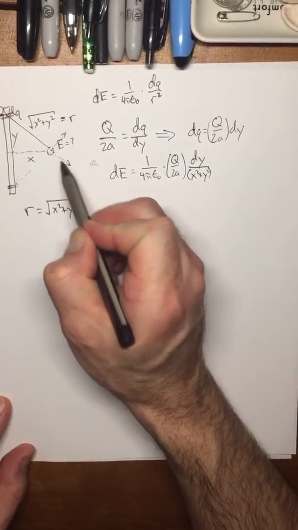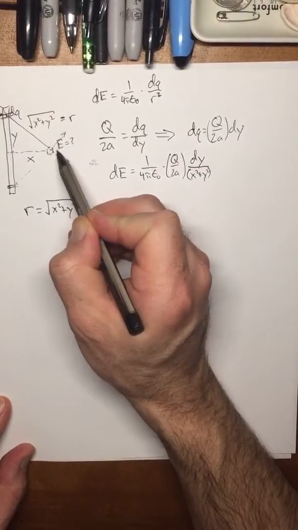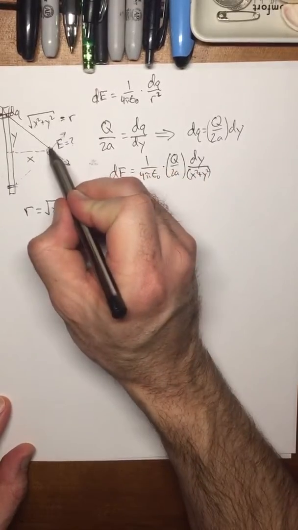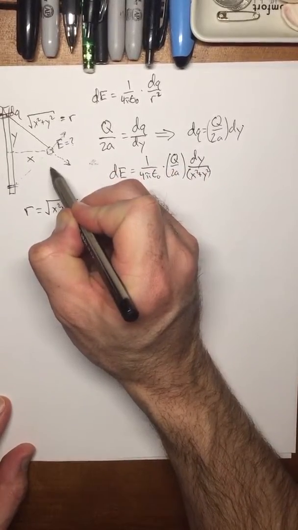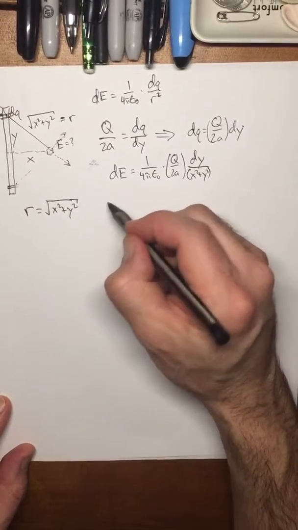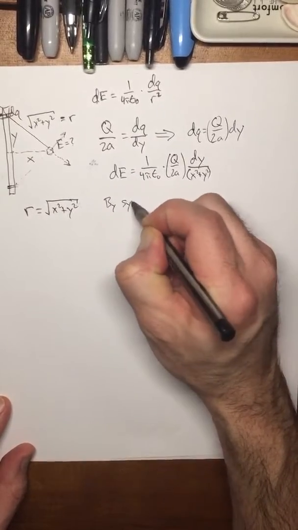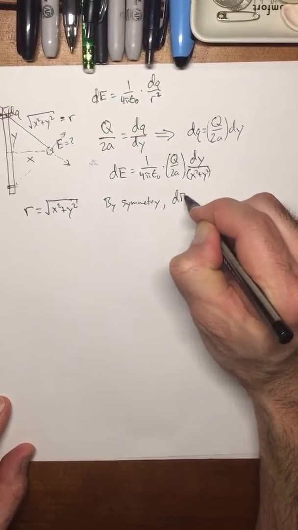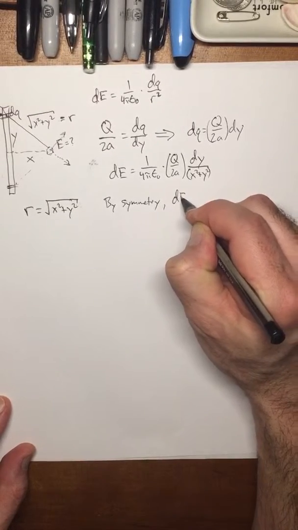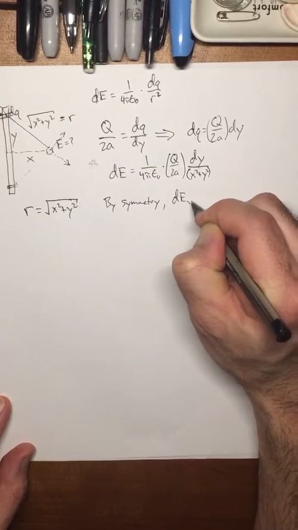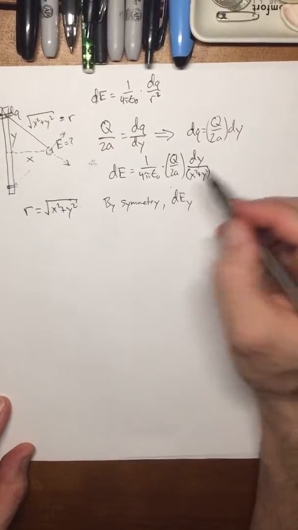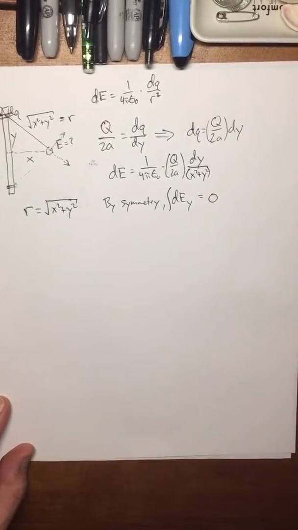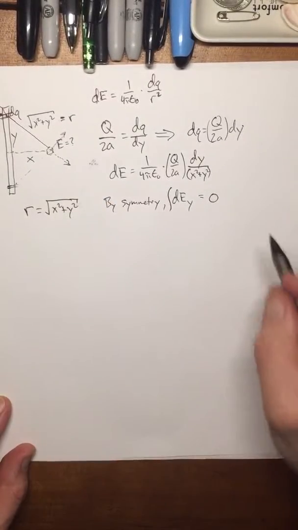The magnitudes of electric fields at this point would be the same for these two little pieces dq, but their opposing vertical components would cancel each other out. So by symmetry, we can see that dE in the y direction, if we sum it all up, should equal 0 because those components do cancel.